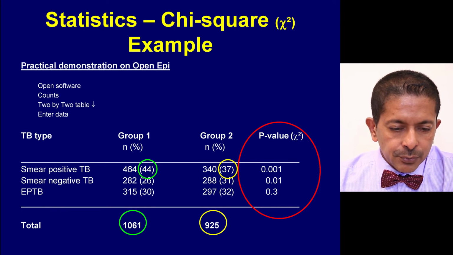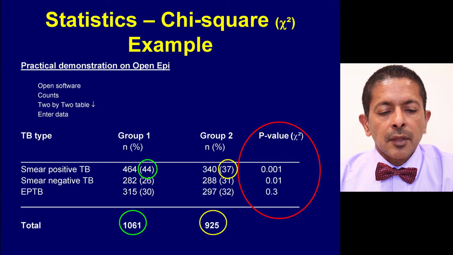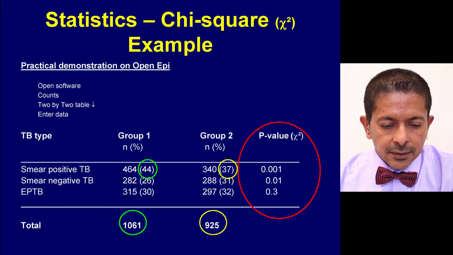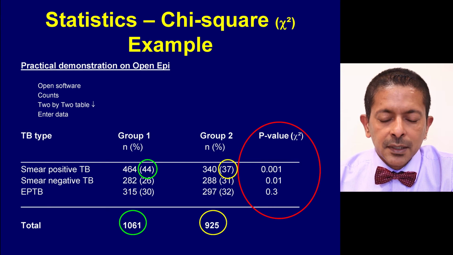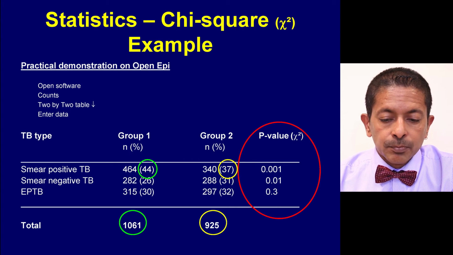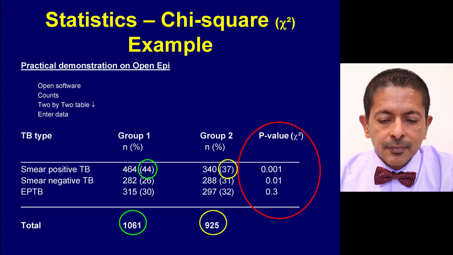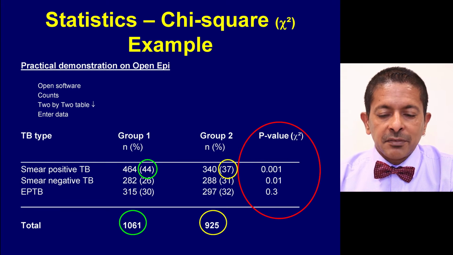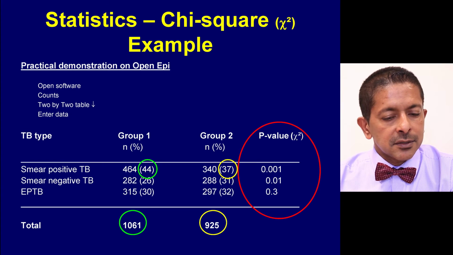You open your software, you go to Counts, and then you select 2 by 2 table, and you enter this data as it is. If you want to look at group 1, smear-positive TB, whether that percentage is any different from group 2, you enter this data, and you should be able to get these p-values that I have got in this slide.